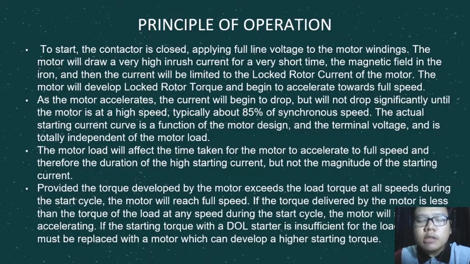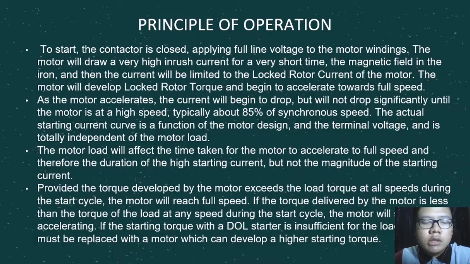As the motor accelerates, the current will begin to drop, but will not drop significantly until 85% of synchronous speed. The actual starting current curve is a function of the motor design and the terminal voltage, and it is totally independent of the motor load. The motor load will affect the time taken for the motor to accelerate to full speed.